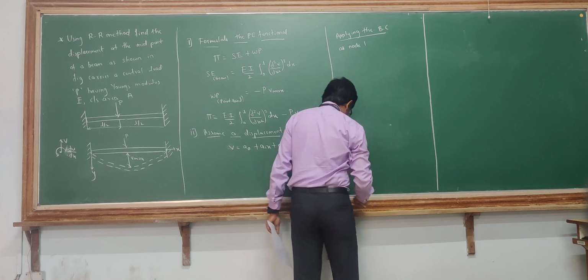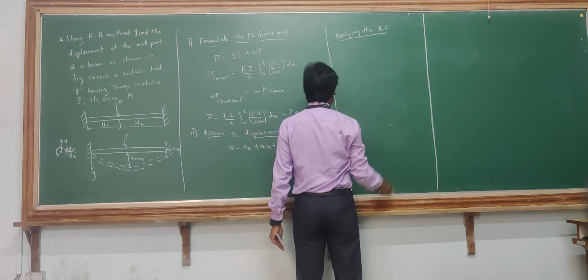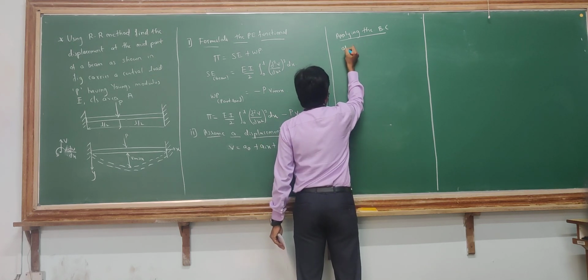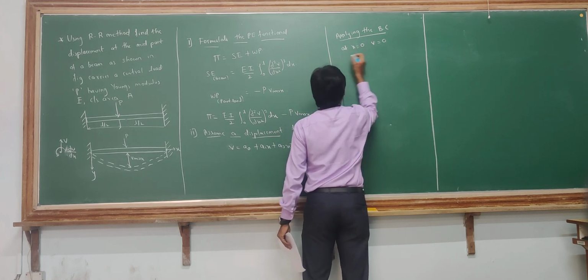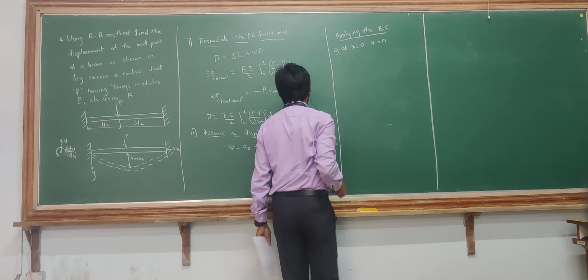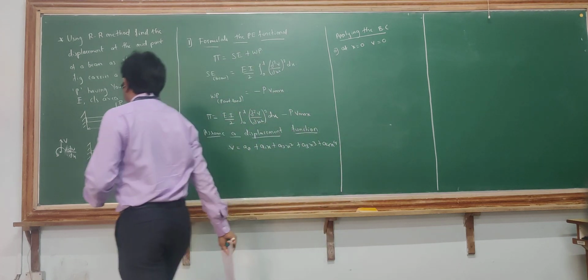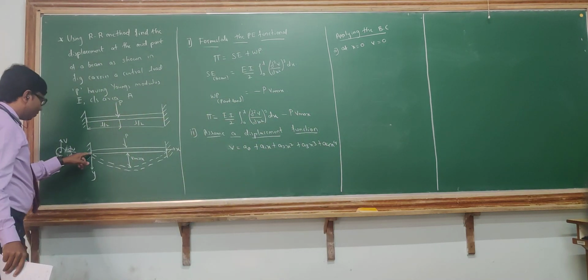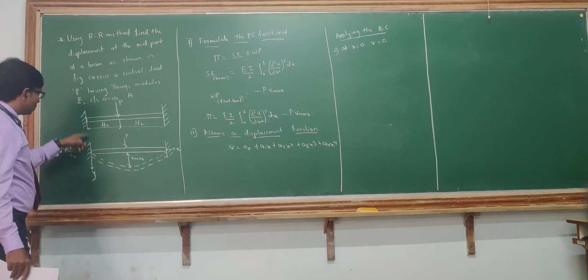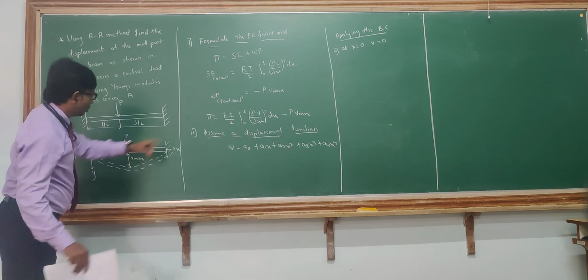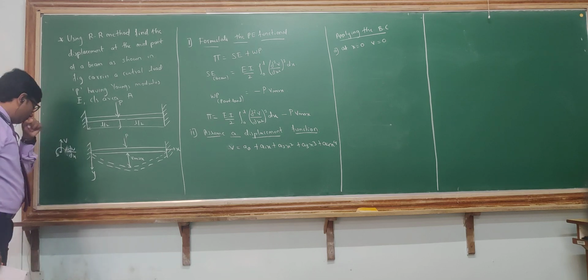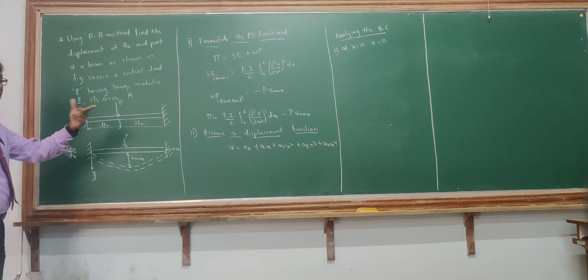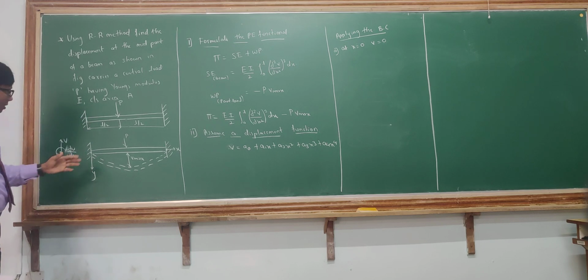or at x is equal to 0, v is equal to 0. This is the first boundary condition we are taking. So at node 1, x is equal to 0, and the other end is x is equal to L. At x is equal to 0, the displacement along the y axis is 0 because it is fixed.